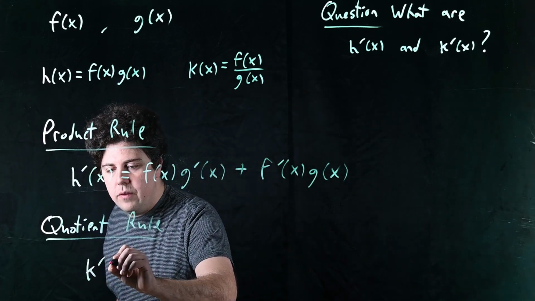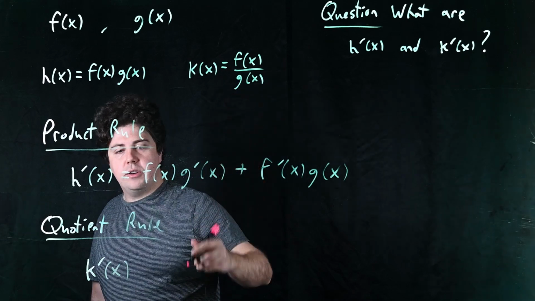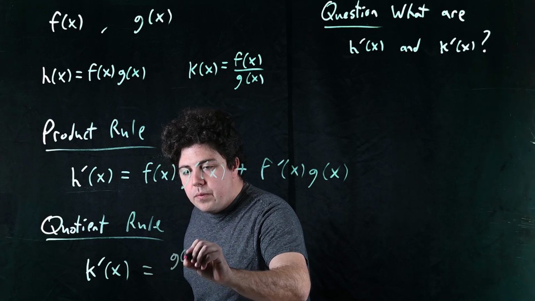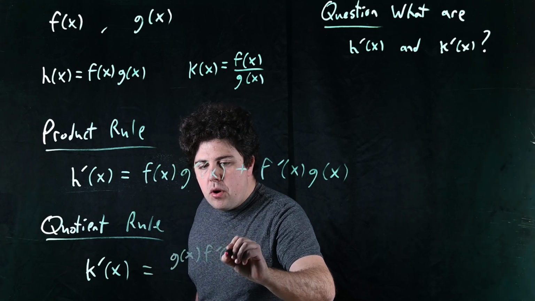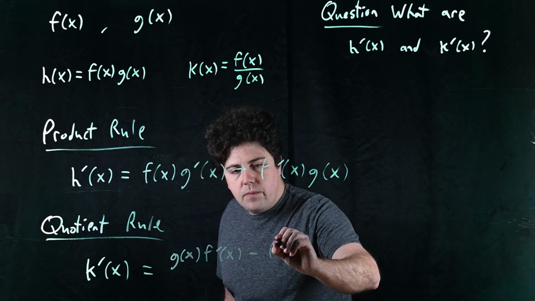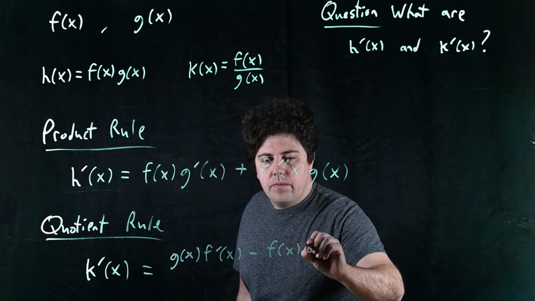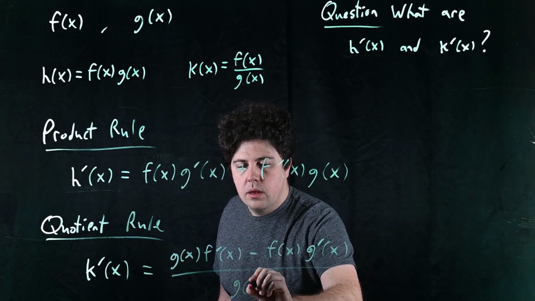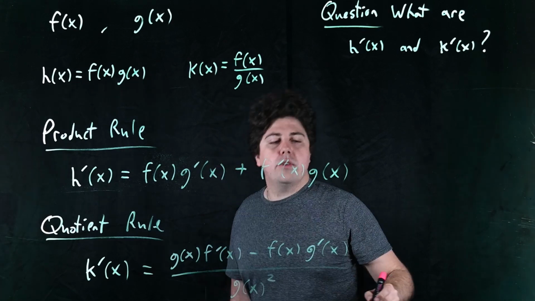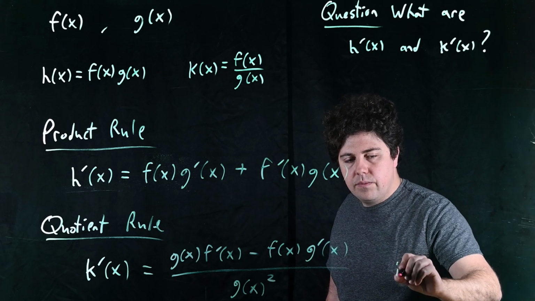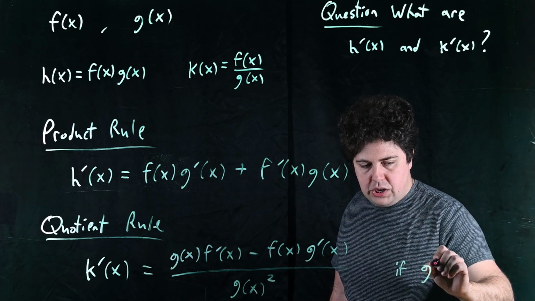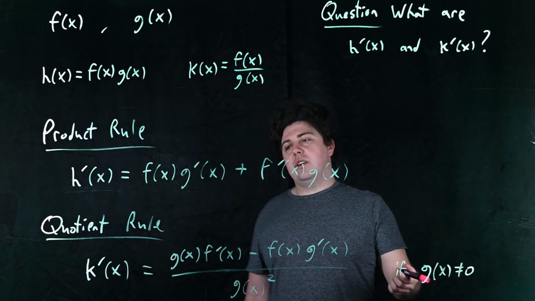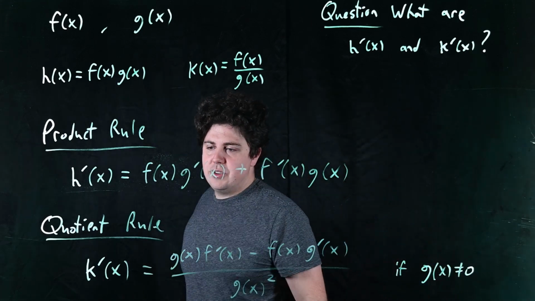We have that the derivative of the quotient of these functions is given by g of x f prime of x minus f of x g prime of x, all over g of x squared. And this is if g of x is not equal to 0. And if it is 0, we're usually going to get this derivative not existing.